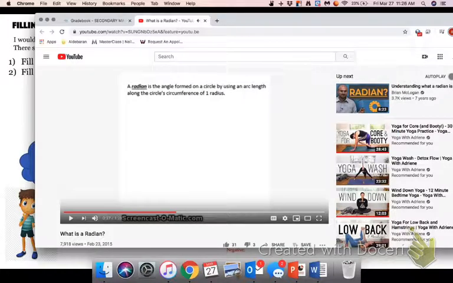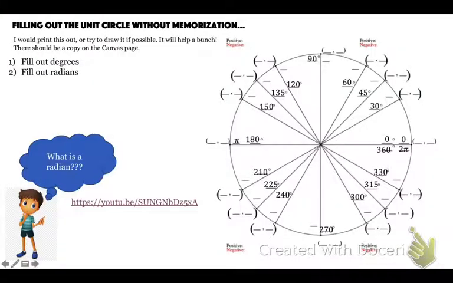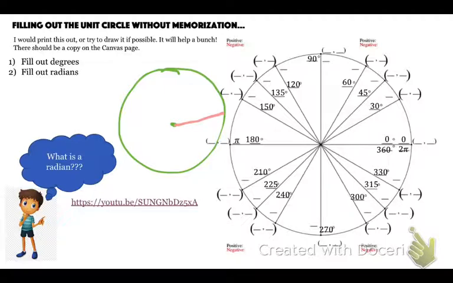Okay, so again, what he was just saying, and I linked that YouTube video onto the Canvas page, but basically if you take a circle, and then we have a radius here. The radius is from the center to an outer point, so this right here would be the radius.